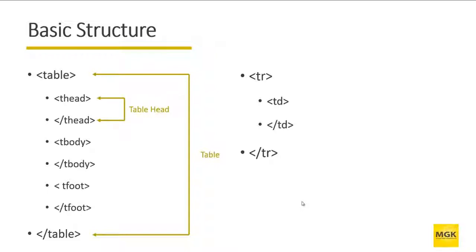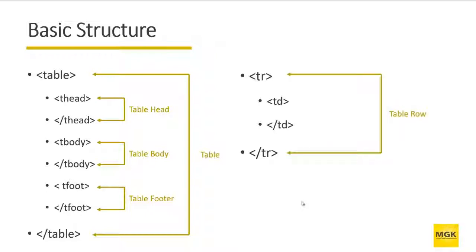Whenever I have to create a table head, I use these two tags, and whenever I have to create a table body, I use these two tags, and similarly for table footer. Between the table head, table body or table foot tags, I have these rows.